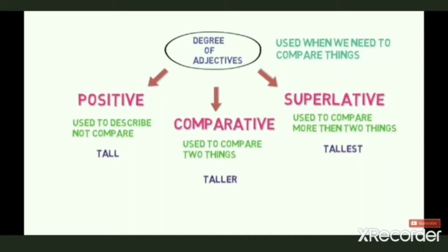We have added er. That means between 2 persons we have compared. And when do we use the superlative degree? When there are many boys or many persons, then we use the superlative degree.